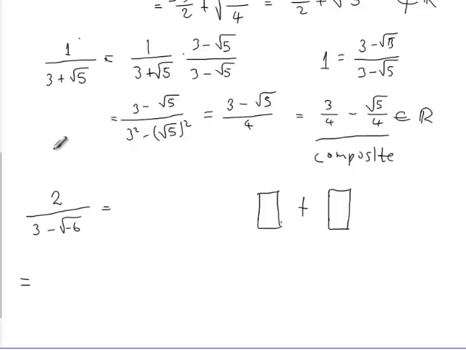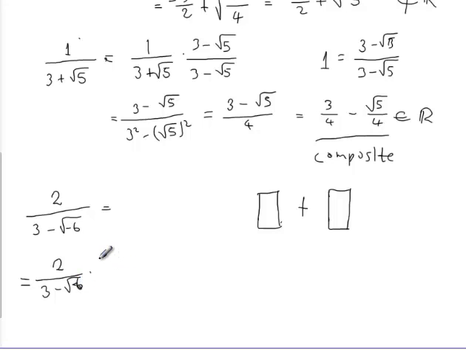According to what you've got here, this has been simplified and separated into 2 packets like this. But in this case, we get one result here which says this is equal to, let's do it quickly together, 2 over 3 minus square root of minus 6.